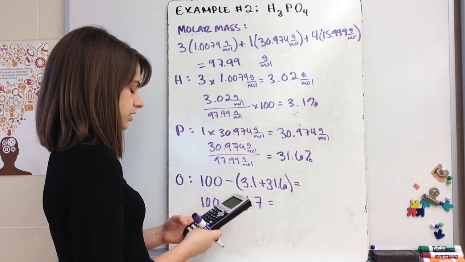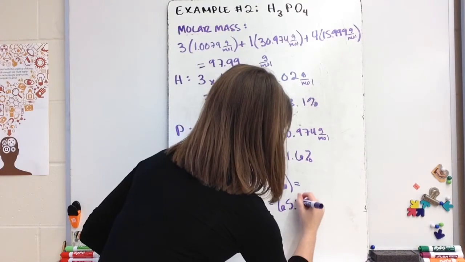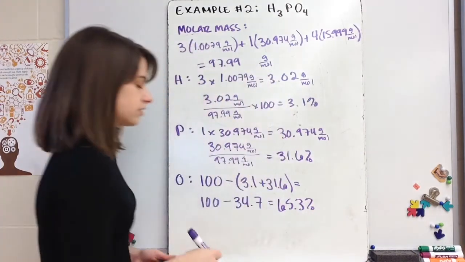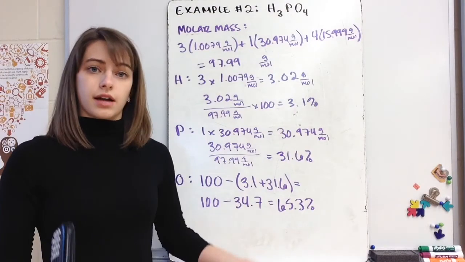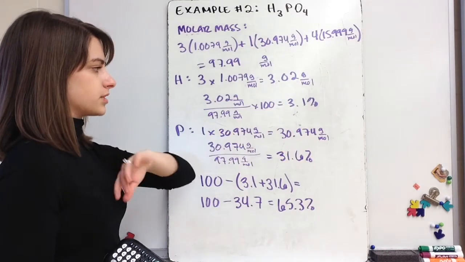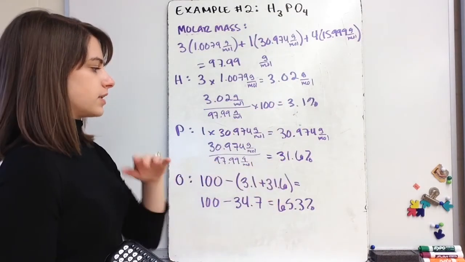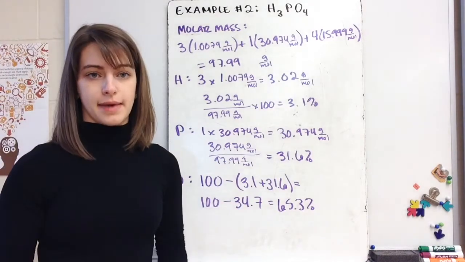So 100 minus 34.7 gets me 65.3%. So 65.3% of this compound is due to oxygen in terms of mass. So this compound is 3.1% hydrogen by mass, 31.6% phosphorus by mass, and 65.3% oxygen by mass.